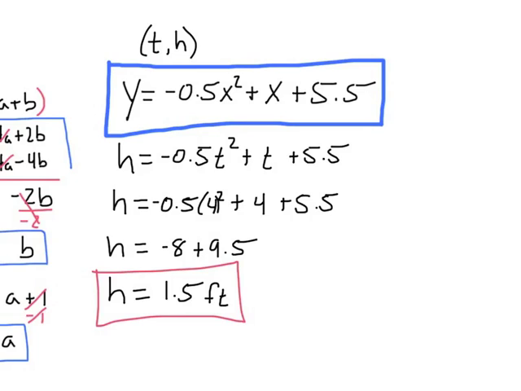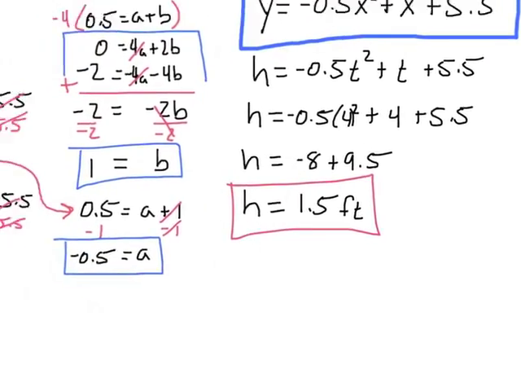Okay, well, the next thing we need to do is part C, which says, what's the ball's maximum height? Well, we have talked about this. In a parabola, the vertex gives us our maximum height, or minimum height, right? Because we found maximums and minimums of parabolas. So that's what we're going to do here: we need to find our vertex.